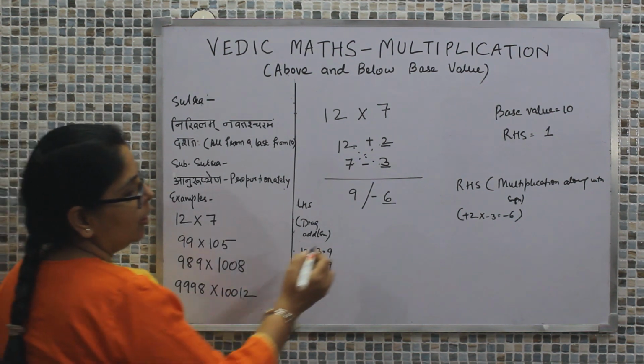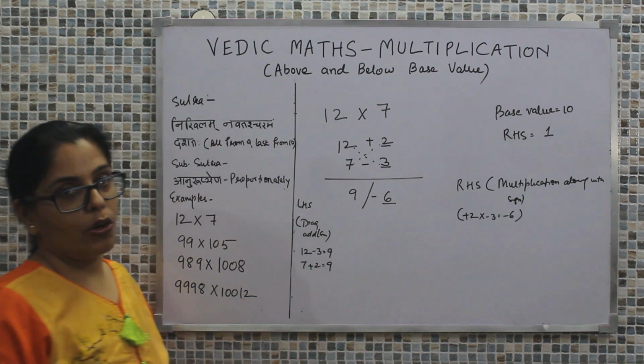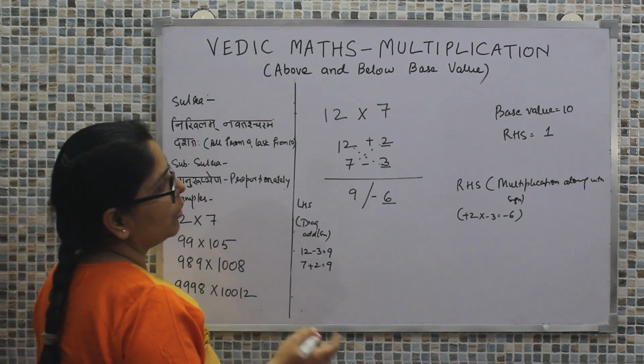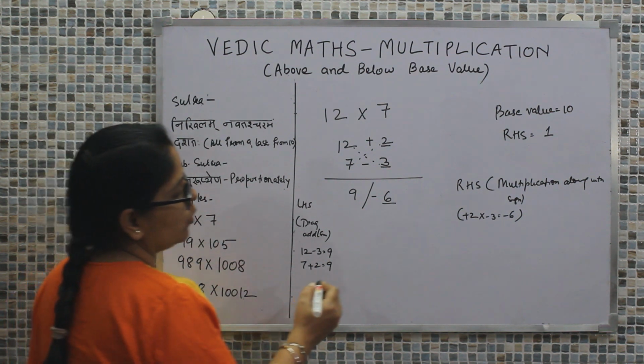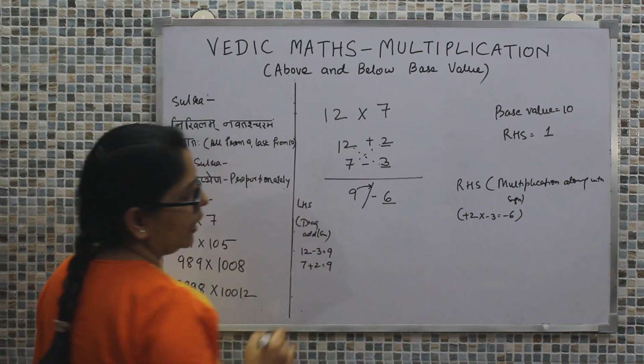Now we find that the RHS value is negative. Obviously we need to convert it into a positive value. To do that, we borrow 1 from the LHS.